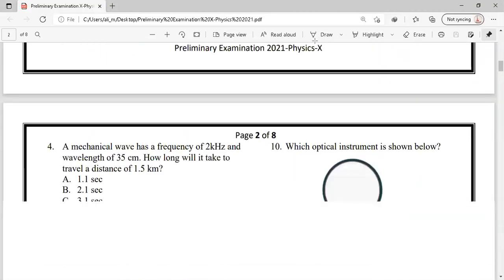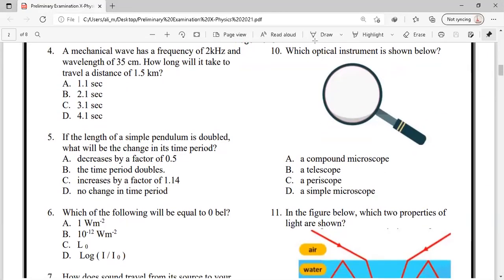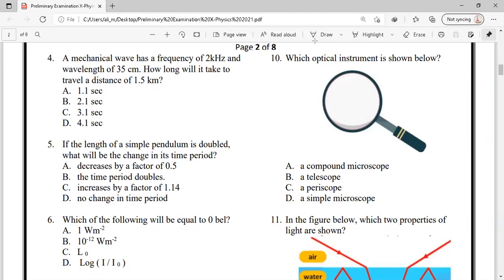And let's see what we have in our questions number 4, 5, and 6. A mechanical wave has a frequency of 2 kilohertz, and a wavelength of 35 centimeters. How long will it take to travel a distance of 1.5 kilometers?